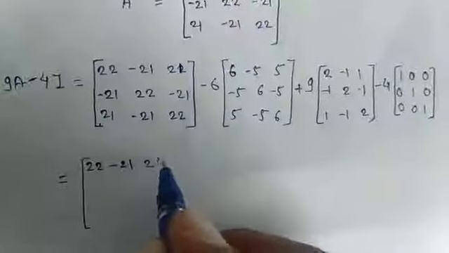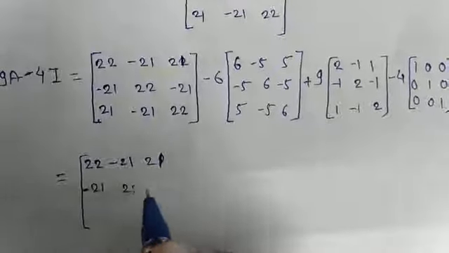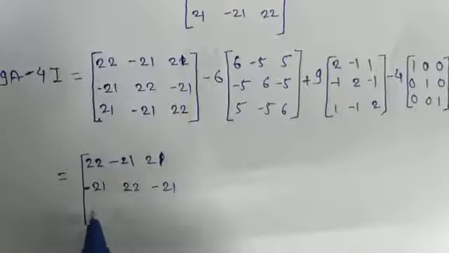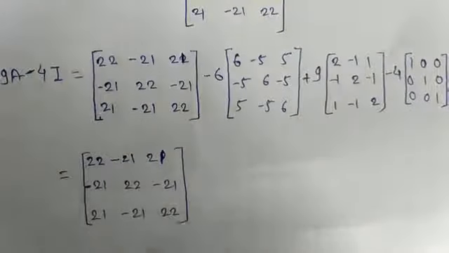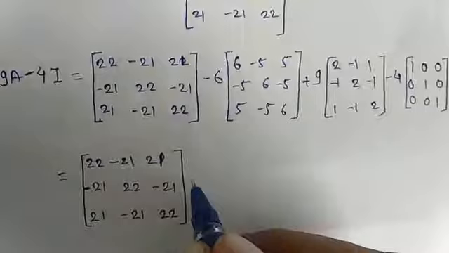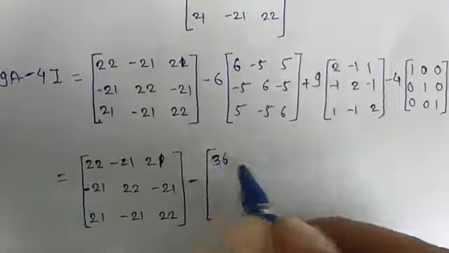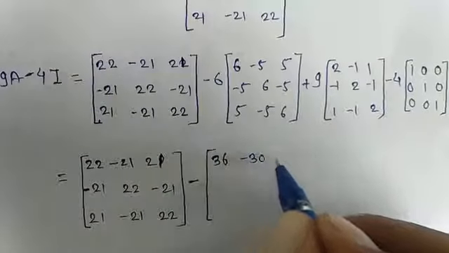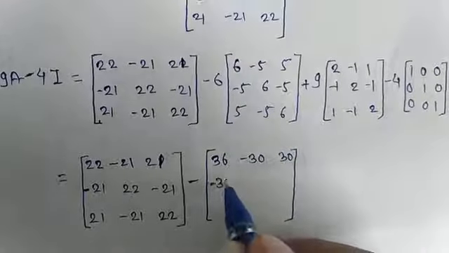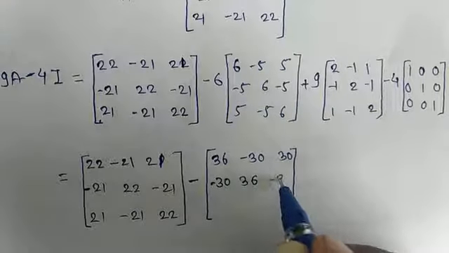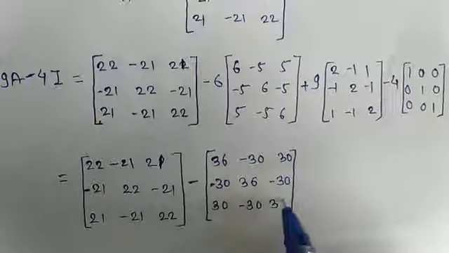So 21, minus 21 22, minus 21, 21 minus 21 22. This is our first. We have to multiply 6 inside, so it will be 6 sixes are 36, minus 30, here plus 30, second row minus 30 36 minus 30, 30 minus 30 36.